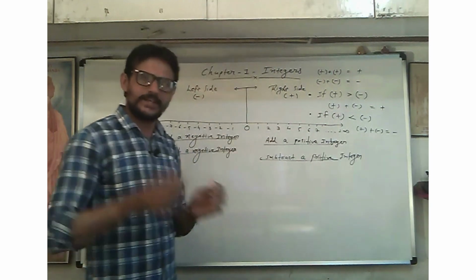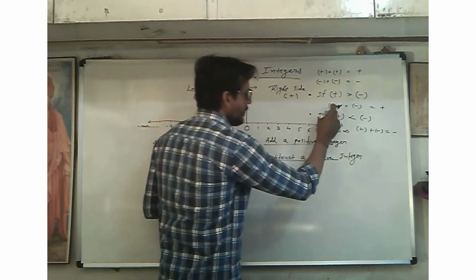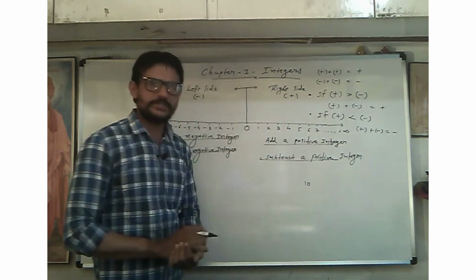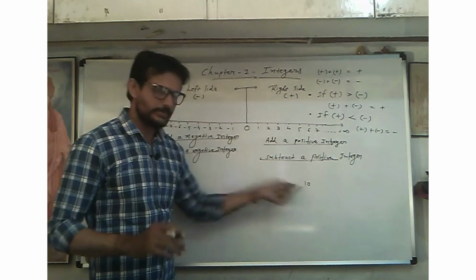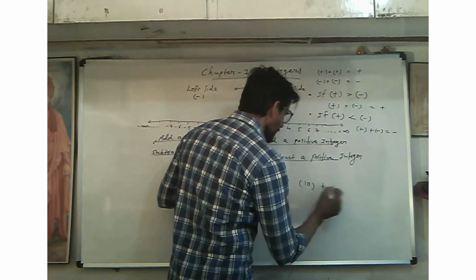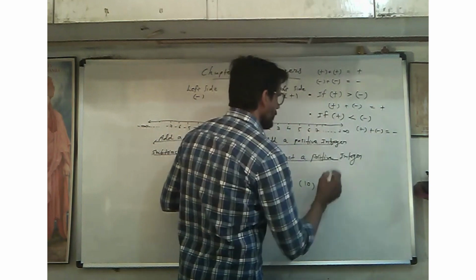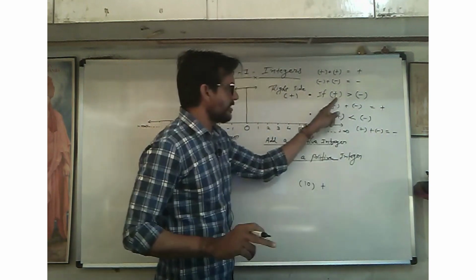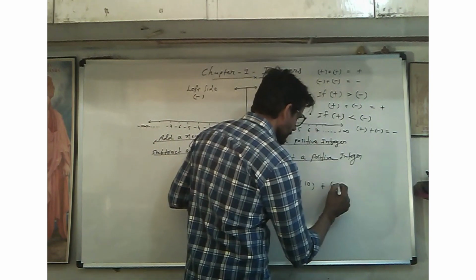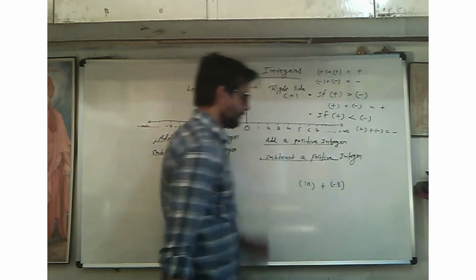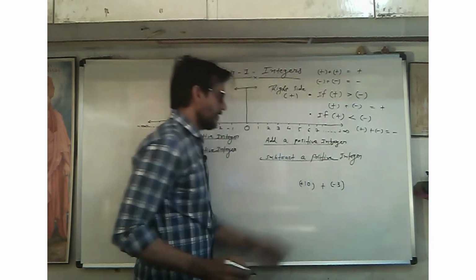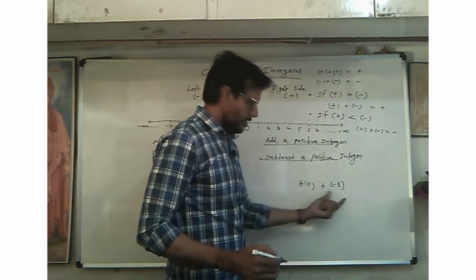I take an example. Positive integer, suppose here is 10. This is an integer. Plus, minus. Look over here. The positive integer is greater than the negative integer. So I will take here minus 3. Okay? This is plus 10. This is minus 3. These are two integers.